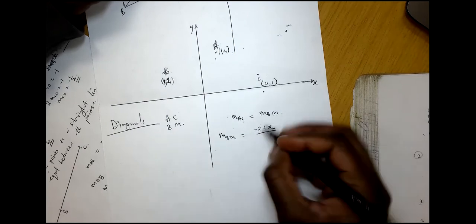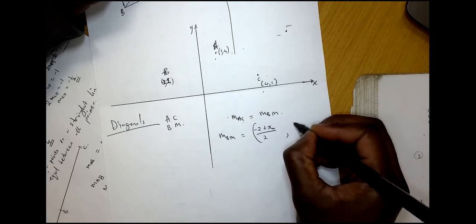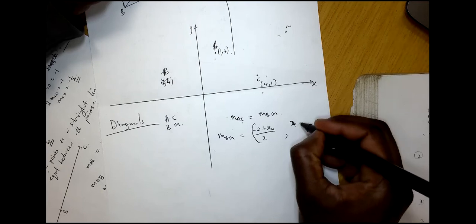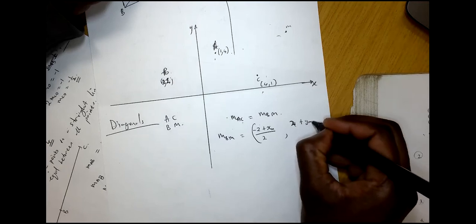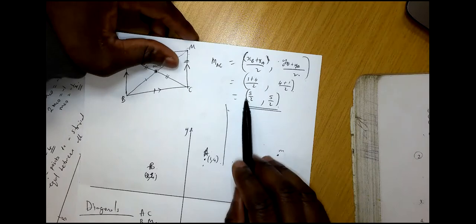Remember, X for M, over 2. And in terms of Y, it is 2 here, plus YM over 2. Then this is equal to what? This gives us negative 5 over 2 over 5 over 2. So this is equal to 5 over 2, 5 over 2.